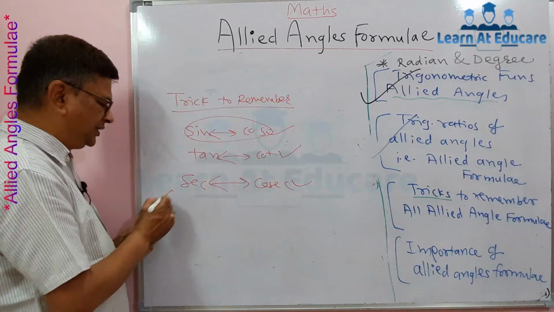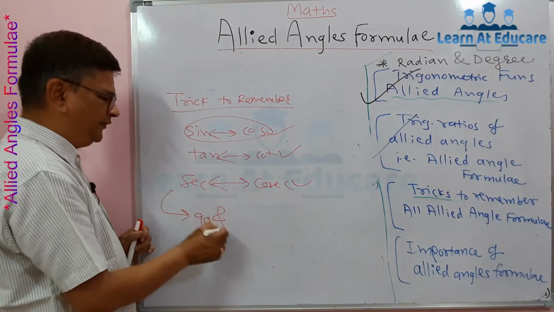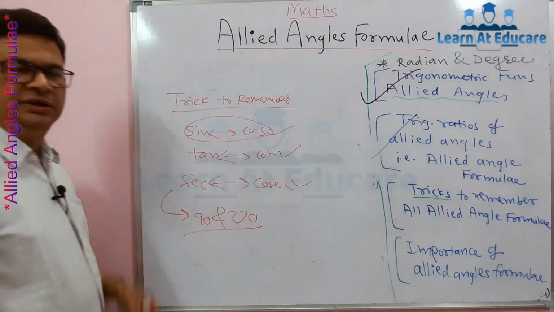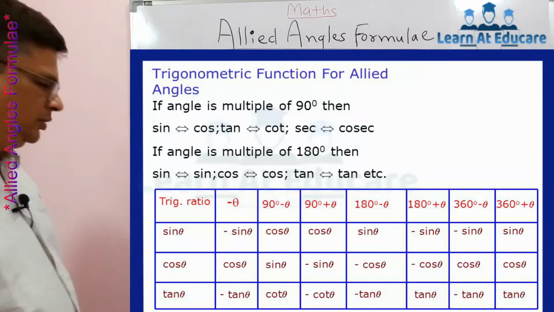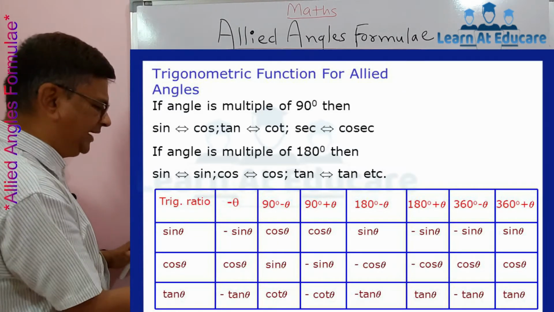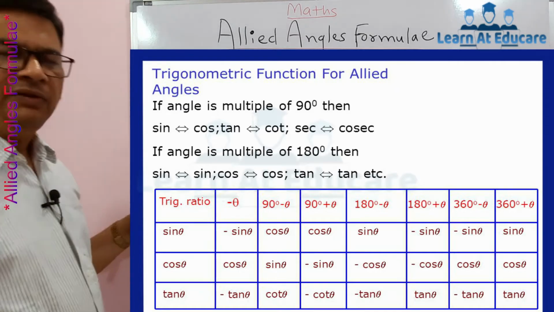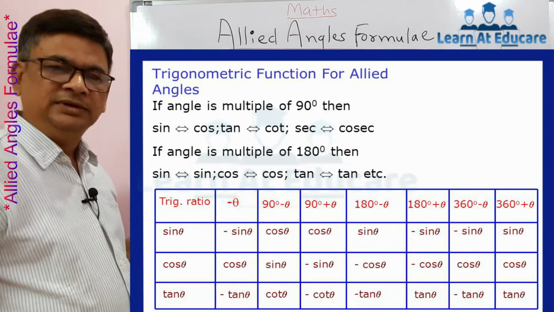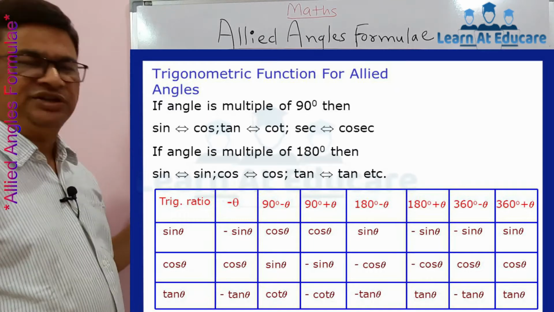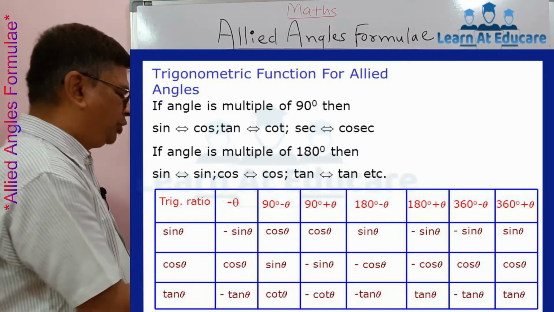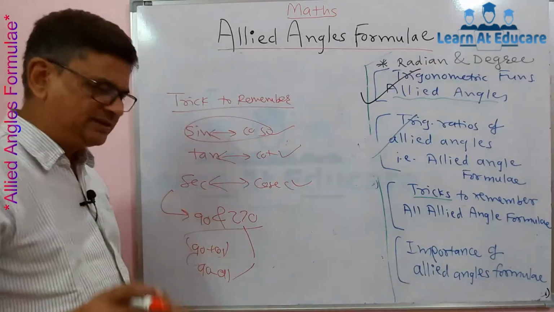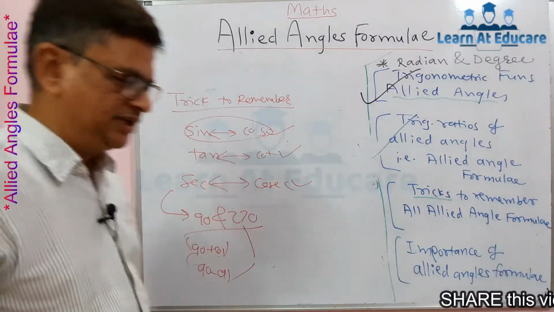Now this happens only for these two columns, 90 and 270. Whenever there is 90 plus theta or 90 minus theta, sine changes to cos, and like this tan changes to cot, and so on. But for 270 also, 270 plus theta and 270 minus theta, such changes will occur.